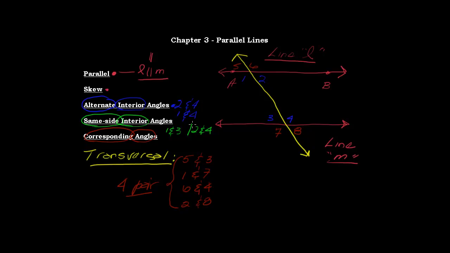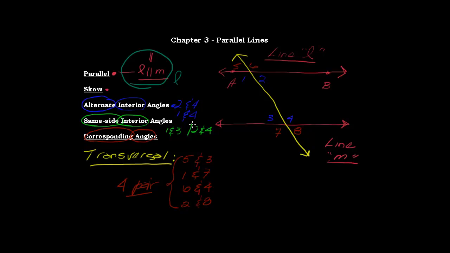Now, those are all the definitions that we're really going to use for the rest of the year about parallel lines. Once again, parallel, they do not intersect. And we assume that they're in the same plane. We have 2 lines, and if we know that these 2 lines are parallel, here is how we know that.